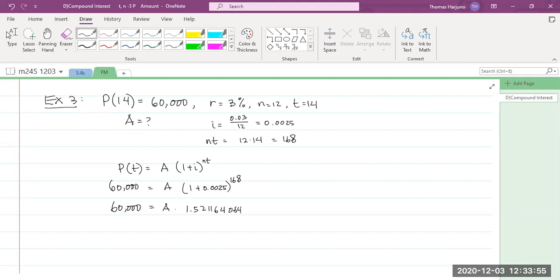But that's the story on Tuesday. Right now, this is the story. How much money do I need to put in right now, such that 14 years later, my son has enough money, $60,000 according to my assumption here at that time?